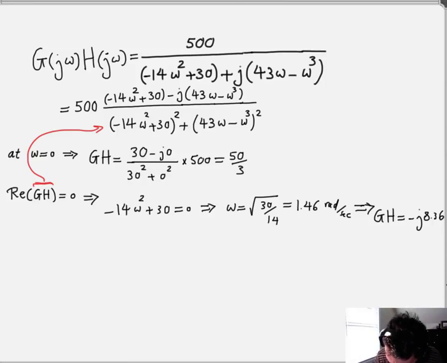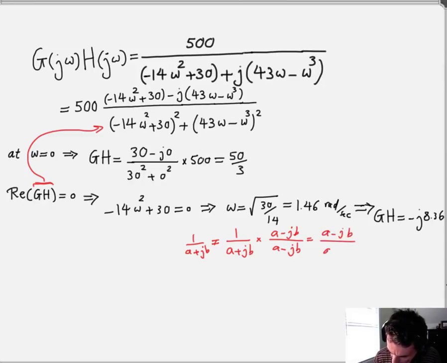For example, if you have 1 over a plus jb, you can multiply this by the complex conjugate of the denominator, which is a minus jb divided by a minus jb, and the result is just going to be a minus jb divided by a squared plus b squared.